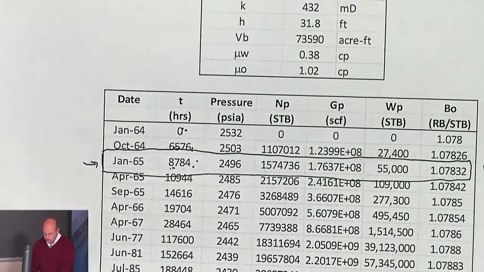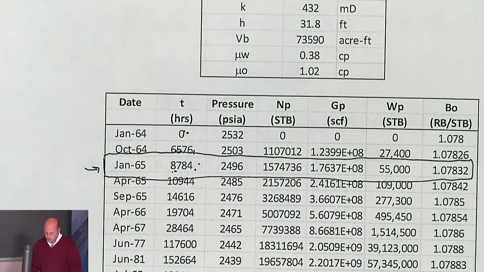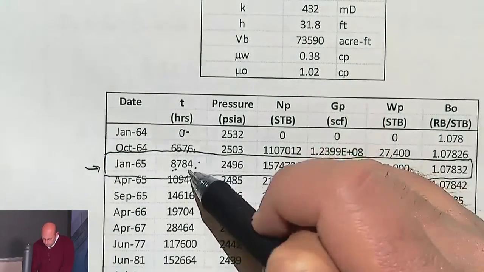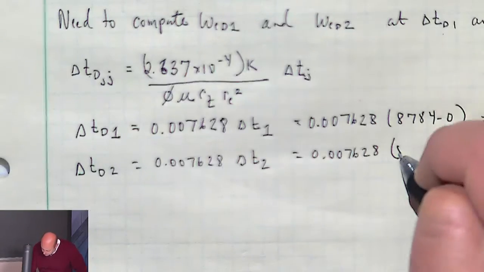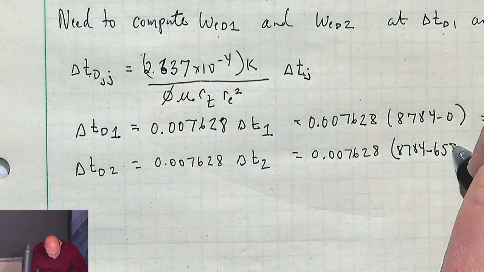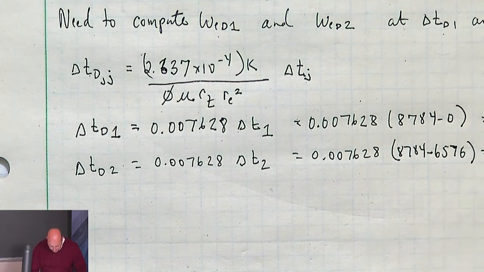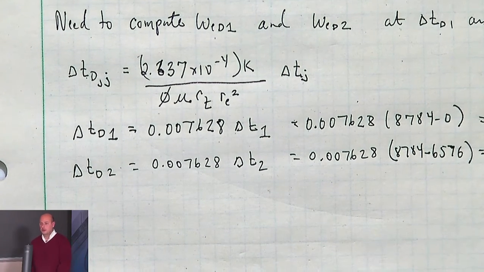So wouldn't it be, so if our T1 was 8784 minus 0, wouldn't it just be going 8784 minus 6576? Yeah, that's exactly right. So it's 8784 minus 6576. And if I plug that in, I get 16.8 dimensionless again. So good job, Victor.